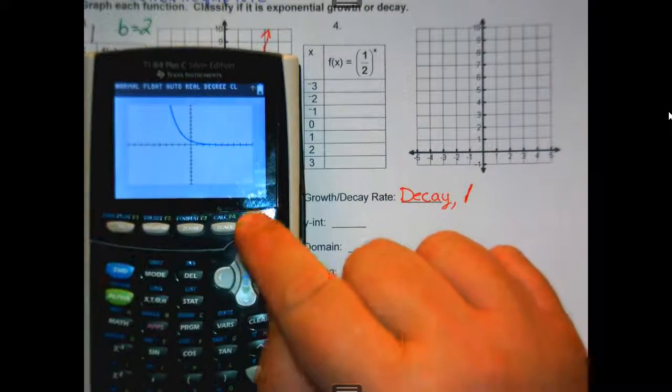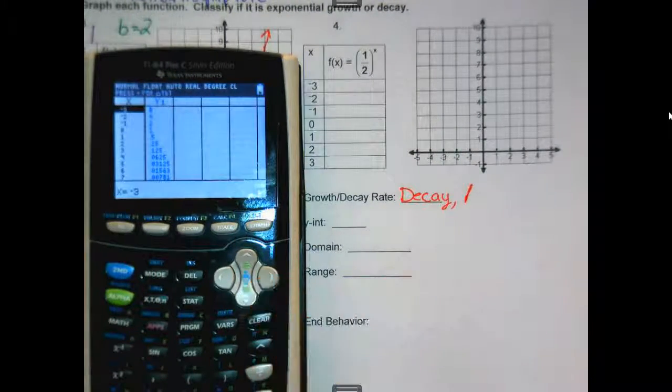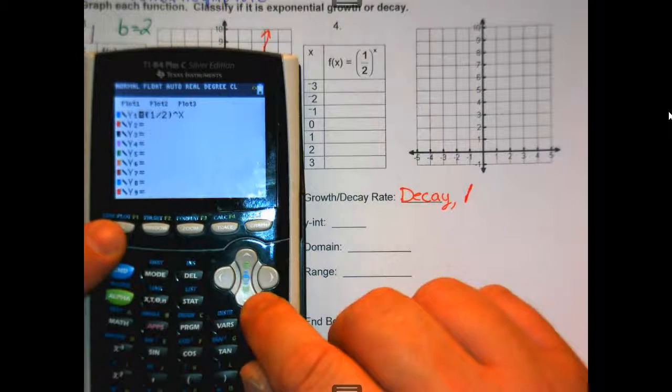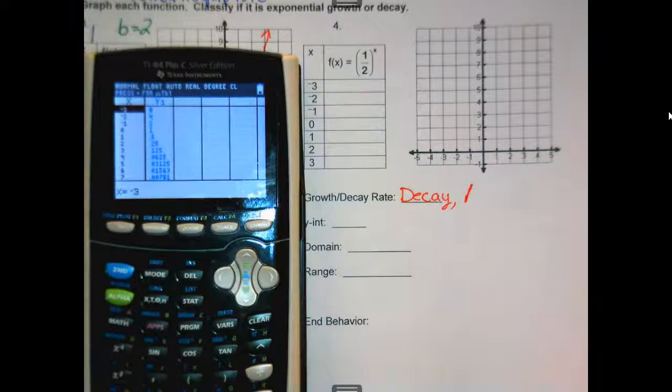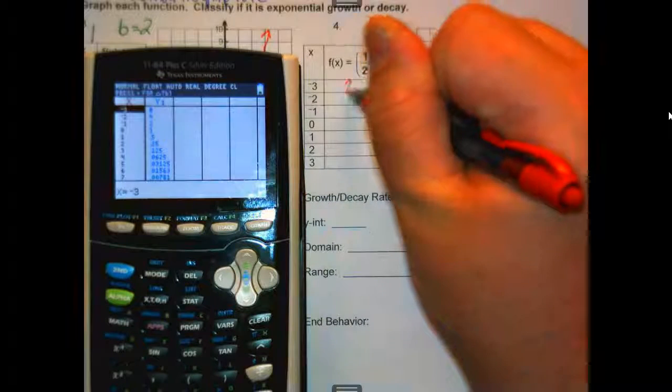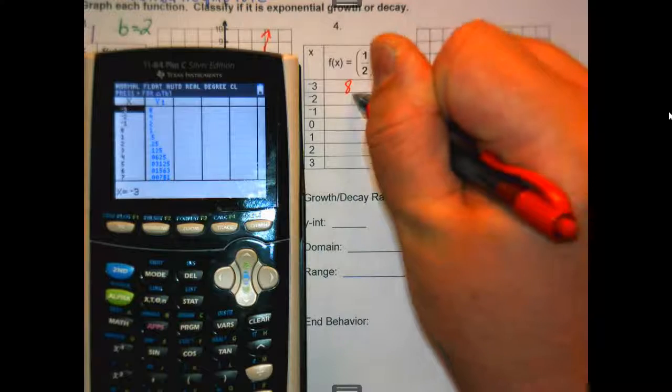Let's see, chart, -3, oh wait, did I do this right? Yeah. So -3, 8. -2 is going to be what? 4.